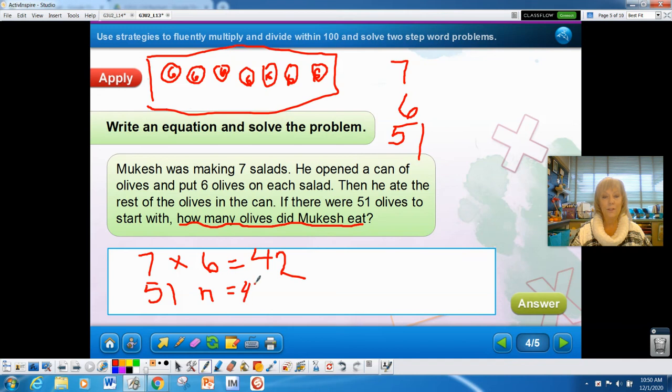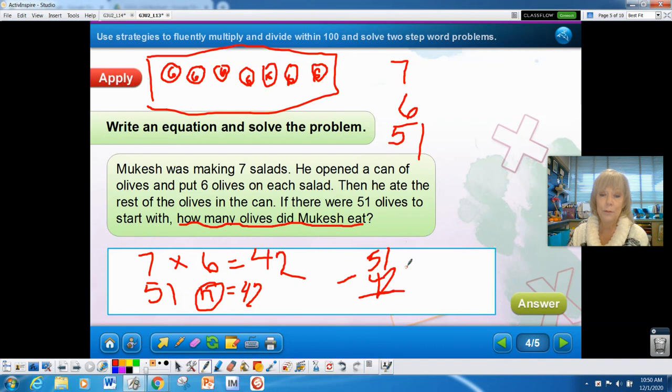So we have our 42, and we have to figure out n. If there were 51 in the can, and there's 42 on the plates, then whatever is left over in the can is what he ate. So we are going to use subtraction.